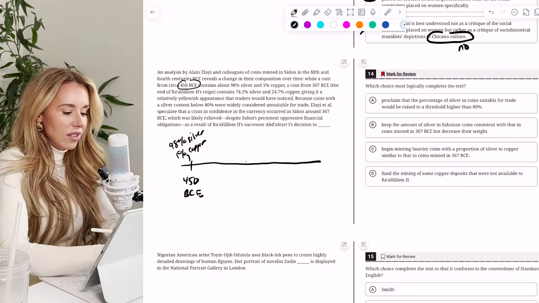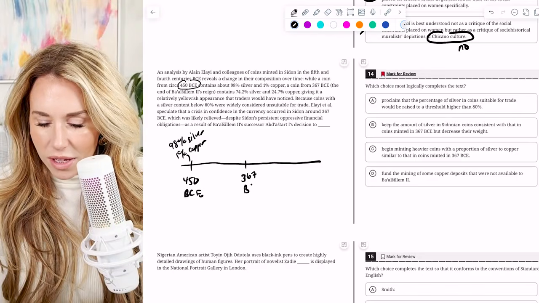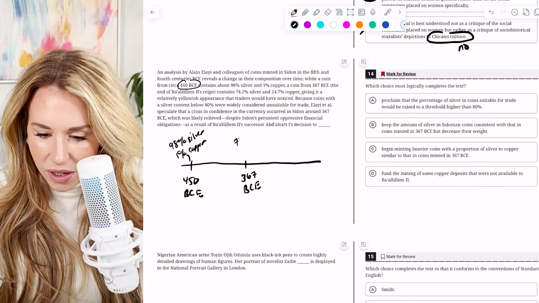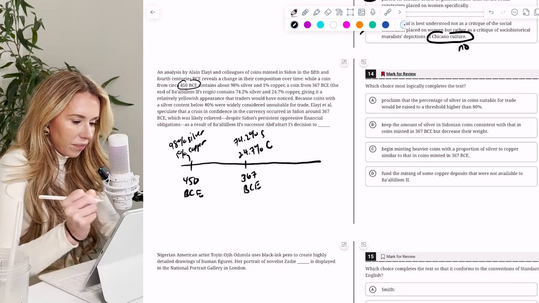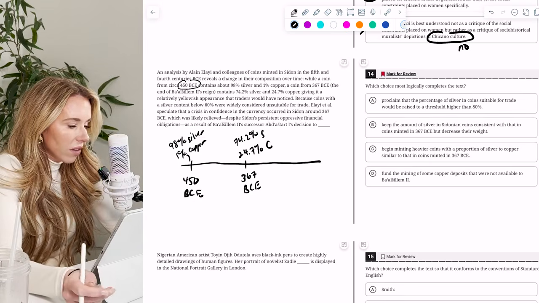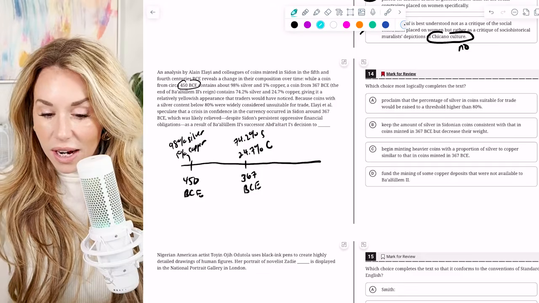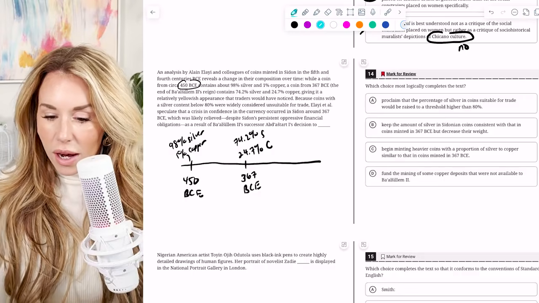Now they're saying at 367 BCE, it contains 74.2% silver and then 24.7% copper, giving it a relatively yellowish appearance that traders would have noticed, because coins with a silver content below 80% were considered unsuitable.